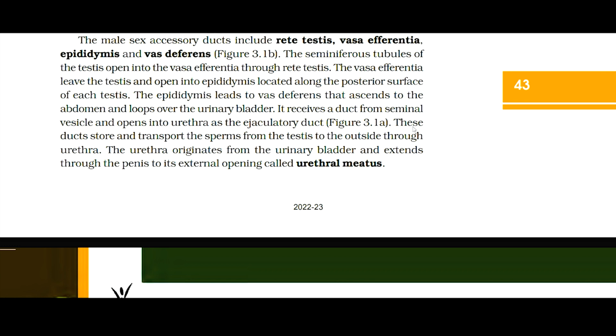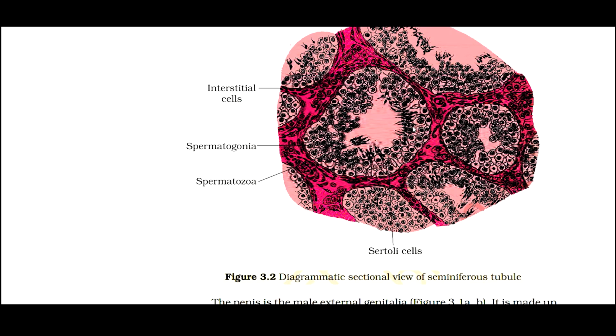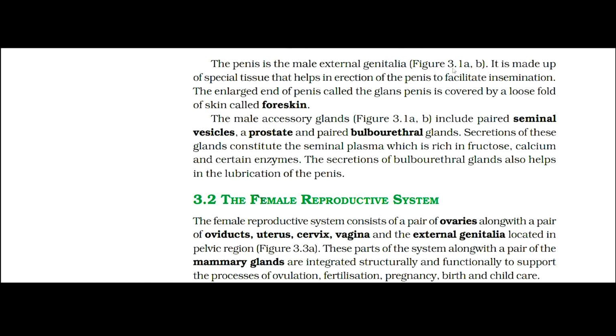The urethra originates from the urinary bladder and extends through the penis to its external opening called urethral meatus. The penis is the male external genitalia, which is given in figure 3.1a-b. It is made up of special tissue that helps in erection of the penis to facilitate insemination. The enlarged end of penis, called the glans penis, is covered by a loose fold of skin called foreskin.